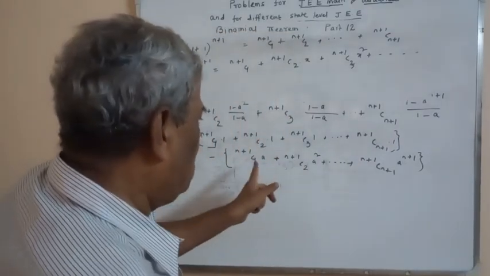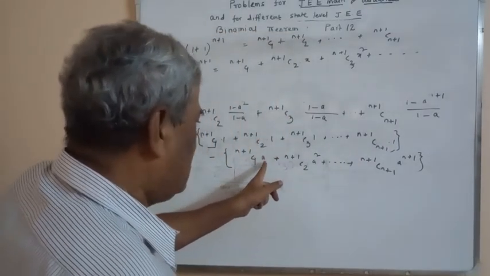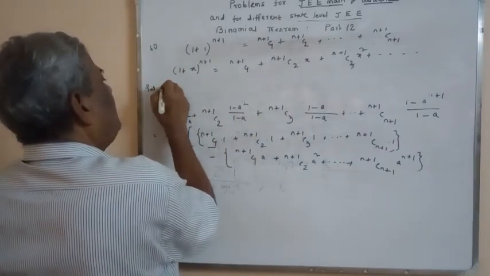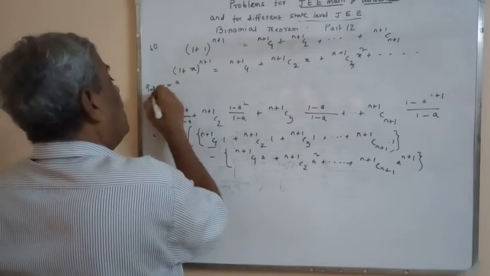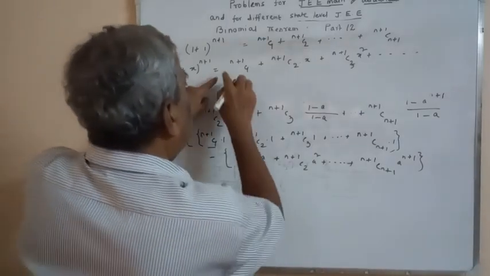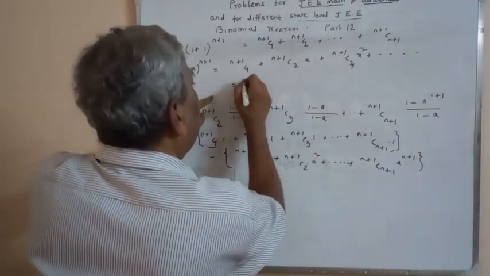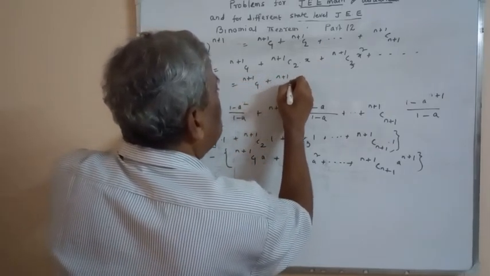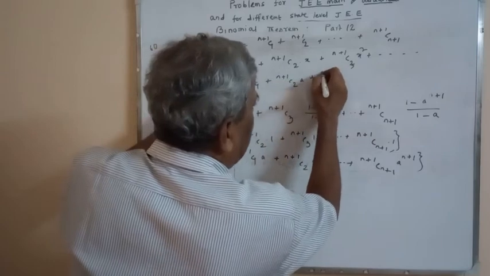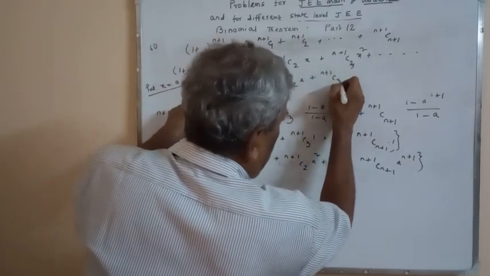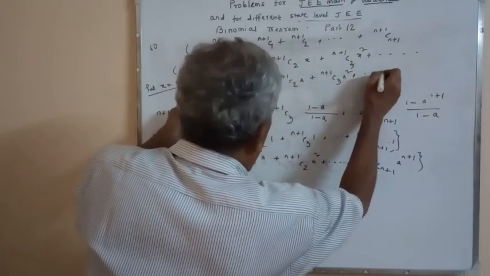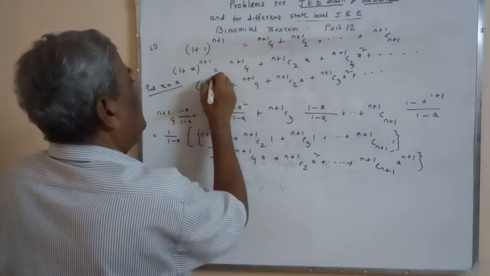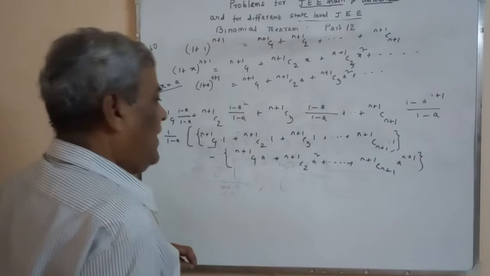But here there is no x, a is there. Now put x equal to a on both sides. So this becomes n plus 1 c1 plus n plus 1 c2 a plus n plus 1 c3 a square and so on. Left hand side will be 1 plus a to the power n plus 1.